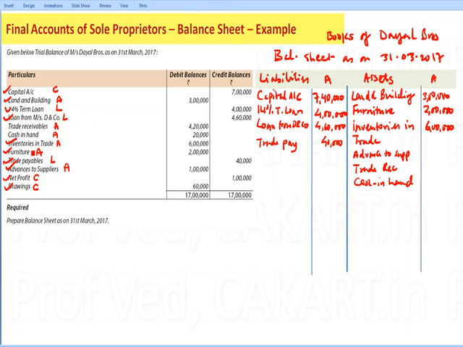Okay, so advance to suppliers, how much is that? 1 lakh. Okay, so let's write 1 lakh.